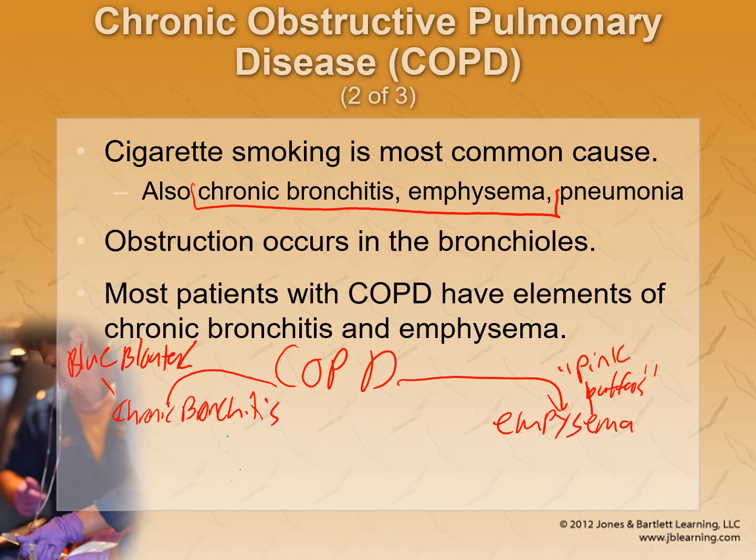And then the bloater part comes from, there's a lot of cardiac side effects that are a result of this, and they end up having weight gain and edema, so they end up appearing heavy set and bloated. And then we can hop over to our emphysemics, and we call them pink puffers.